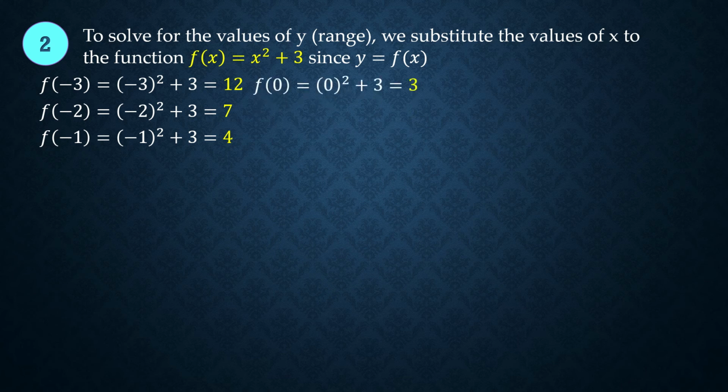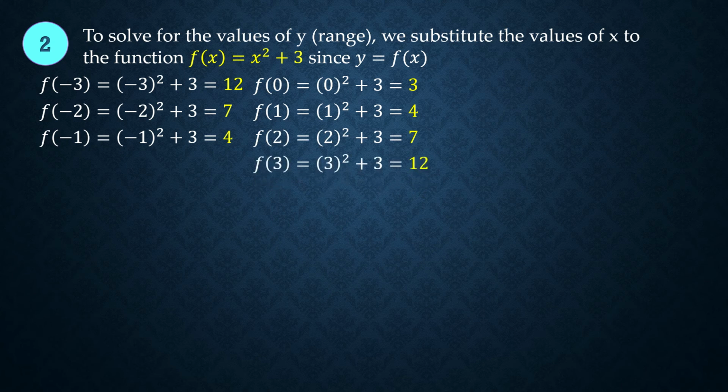Next, if x is 0, square of 0, 0 times 0 is 0, plus 3 is only 3. When x is 1, so the square of 1 is 1 times 1, 1. Now 1 plus 3, 4. Next, if x is 2, the square of 2, that is 2 times 2, 4, plus 3, 7. And lastly, when x is 3, 3 squared, 3 times 3 is 9, plus 3, 12.